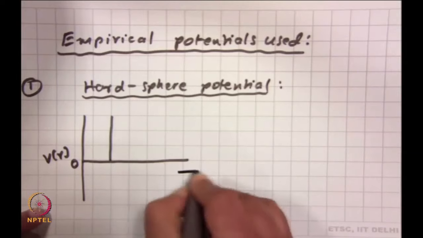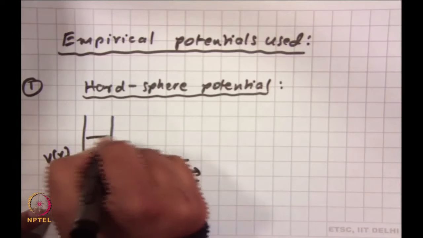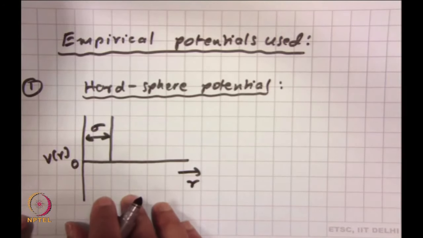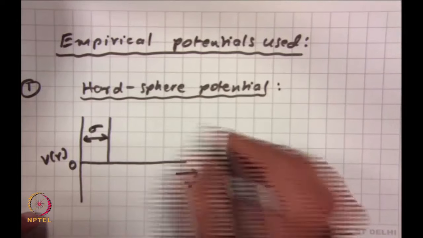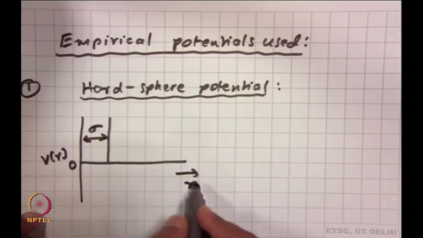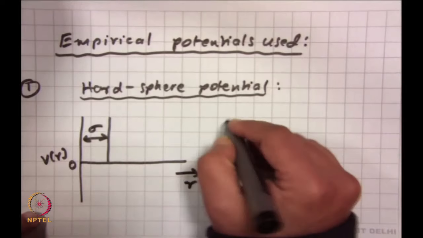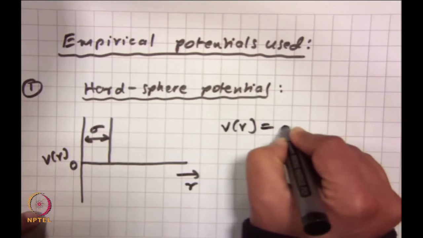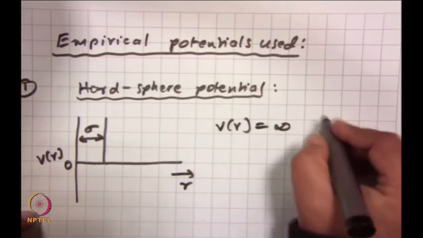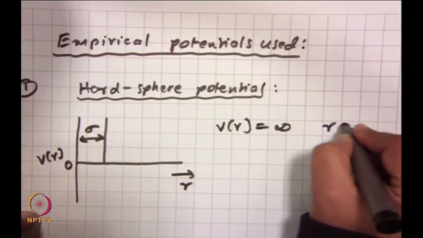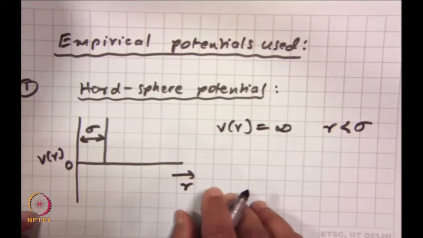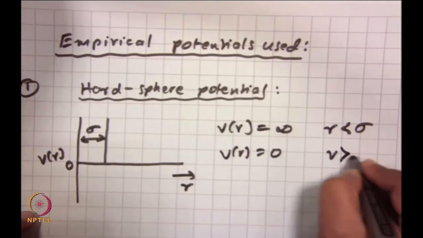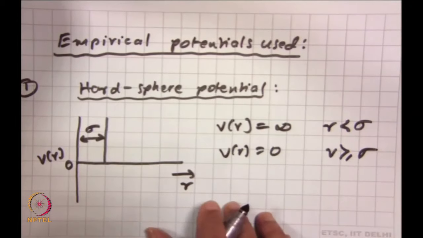So, this is your r, and this distance is known as sigma. So, if I am going to write V of r, V of r is equal to infinity if r is less than sigma, and V of r is equal to 0 if r is greater than or equal to sigma. And what is sigma?